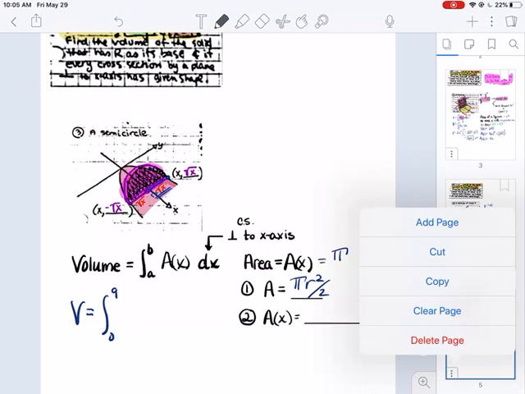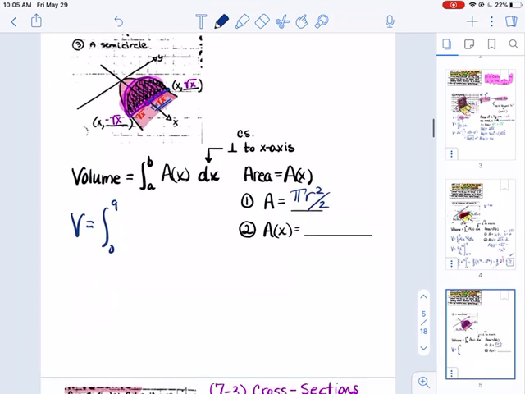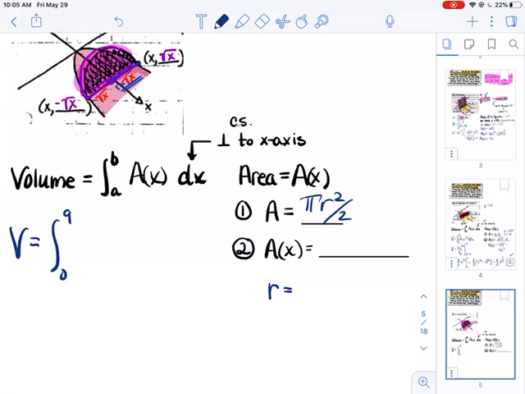So with this, the area sub x that we need, we need an expression for r. So I'm just going to put this underneath here, what r is equal to. R, remember, is equal to the square root of x. So we end up with pi, and I'm going to put the pi over 2 out front, and then it would be times the square root of x squared, which is just going to be pi over 2x.